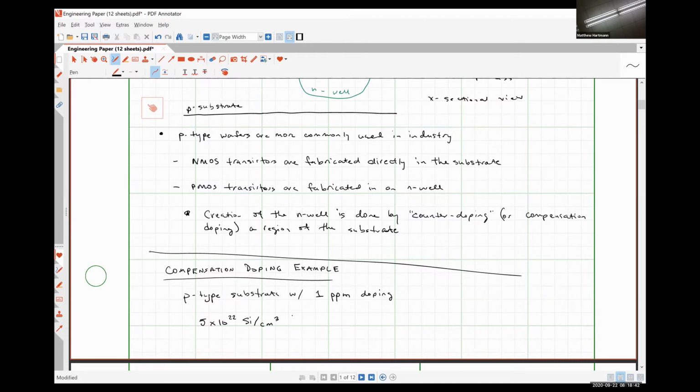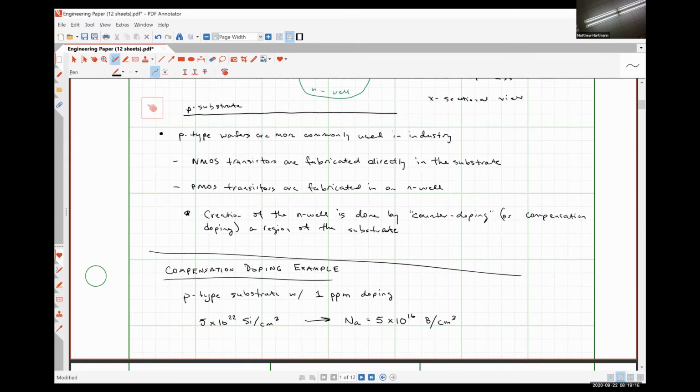So 1 part per million doping means the concentration of acceptor atoms, let's call them boron atoms, would be roughly 5 times 10 to the 16 per cubic centimeter.